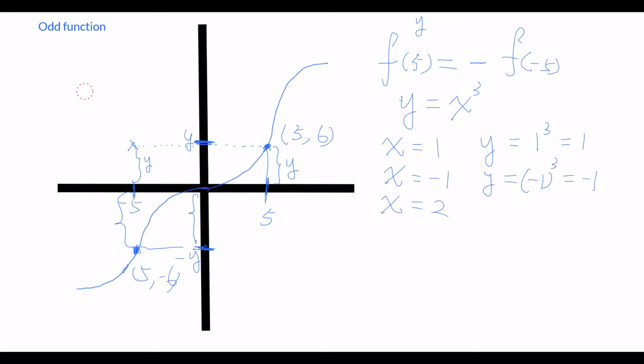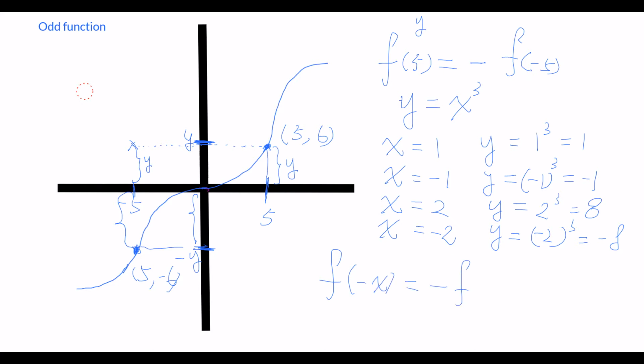If x is 2, y is 2 to the power 3, which is 8. But if we look at x equals minus 2, y equals the cube of minus 2, then it becomes minus 8. Therefore, when you are asked to check whether the function is an odd function or not, we check whether f of minus x equals negative of f(x). Okay, then we can look at the examples on the next slide.